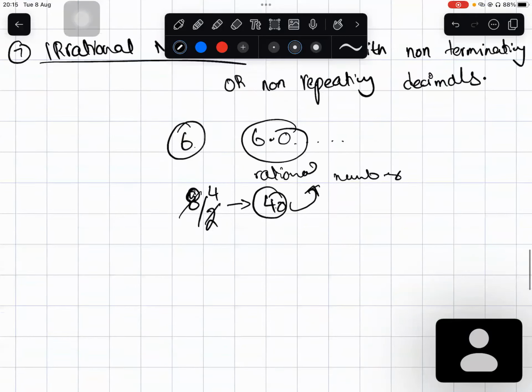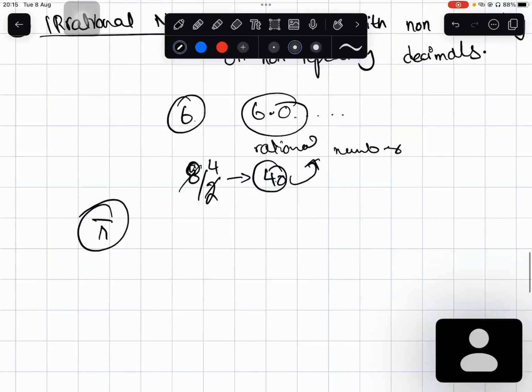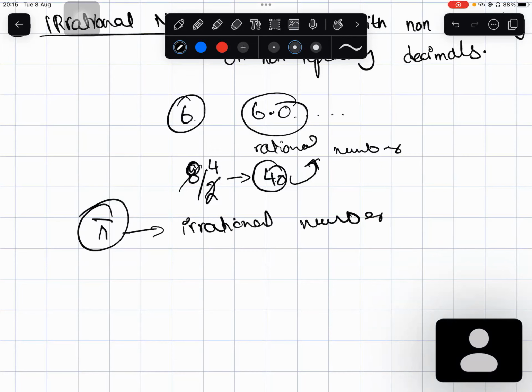That's it. But let's talk about numbers like... which number can we take? Irrational number, for example, have you heard of pi? Which is 3.14. But it's not exactly 3.14, this is an irrational number. The value of pi is approximated by 22 upon 7.